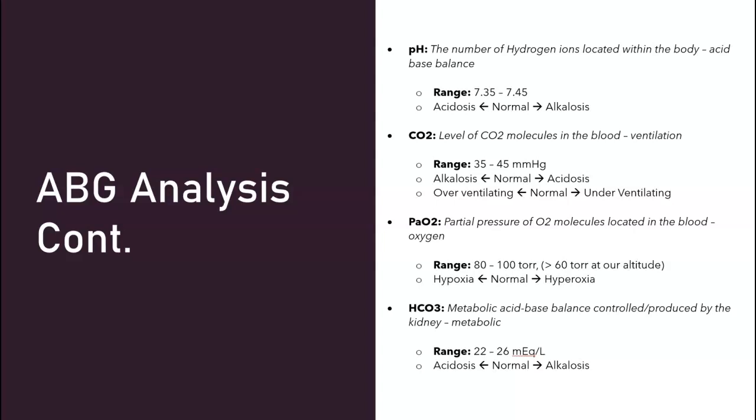So I'll shoot for 7.40 because that's the middle of 7.35 to 7.45. So if I end up at 7.42, we're still pretty happy with that. So just kind of keep that in mind as I'm lecturing about ABG analysis.